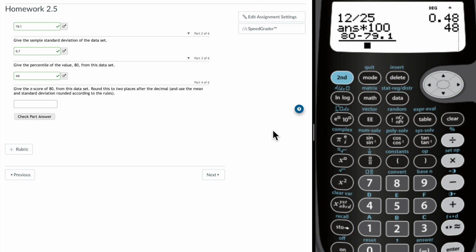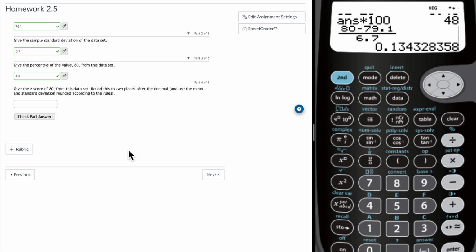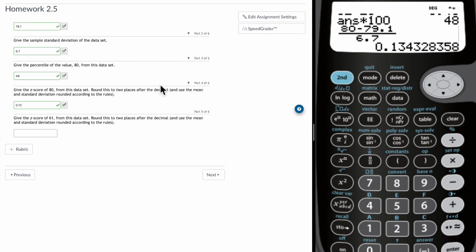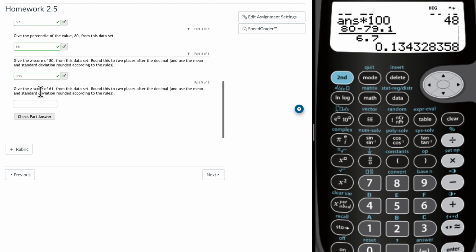So that was 6.7. And hit enter. And so it's once again round this to 2 places, it says. So I'll round that to 0.13. So that value is only 0.13 standard deviations above the mean. It's very small deviation. And now the z-score of 61.